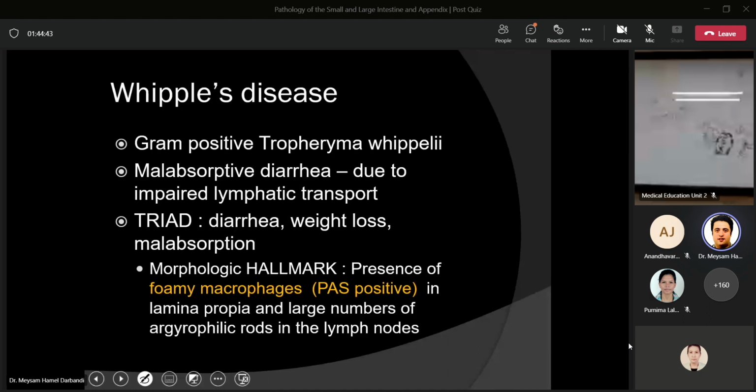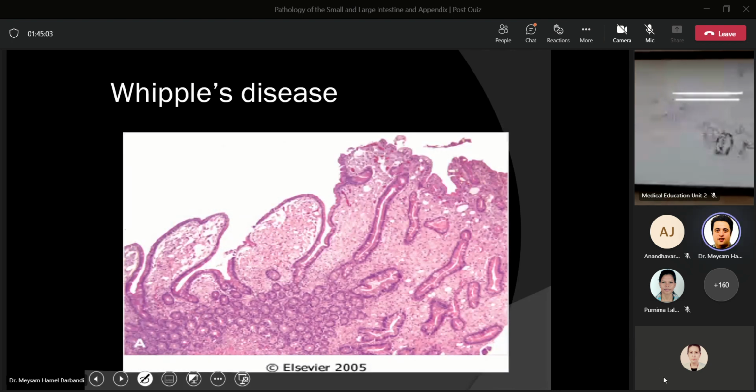So what you will see in the patient: diarrhea, weight loss, and malabsorption. So you see presence of foamy macrophages, PAS positive in lamina propria, and large numbers of argyrophilic rods in the lymph nodes. So seeing here, Whipple disease.